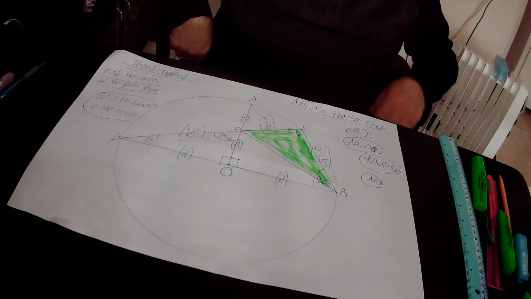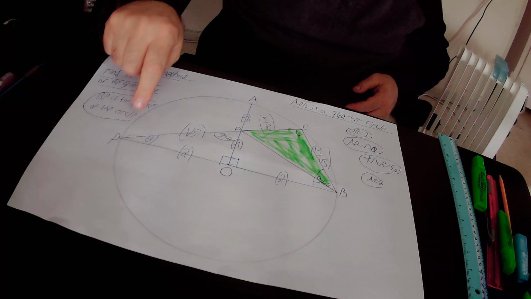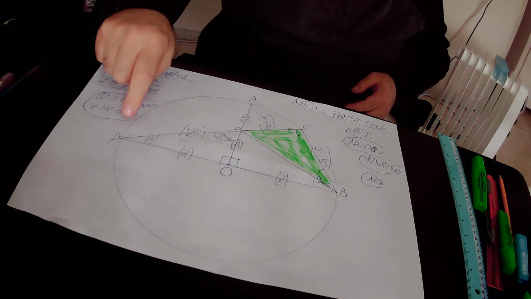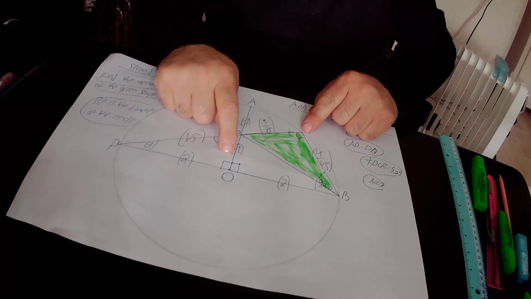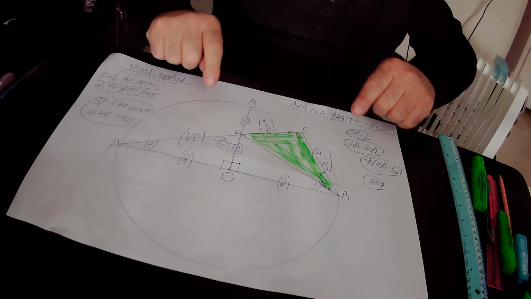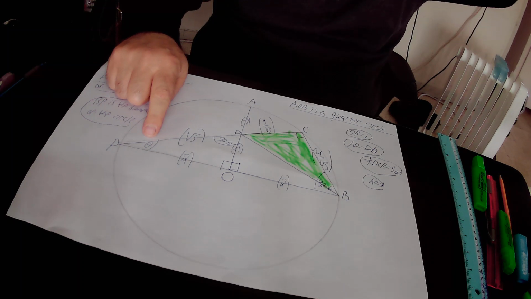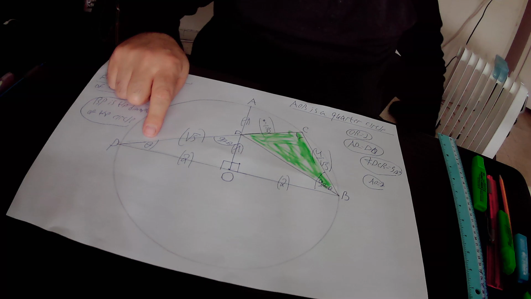In the next step, we prove that the big triangle PCB is similar to the small white triangle PDO. Why? First of all, those two angles are both equal to 90 degrees, therefore they are equal to each other. In addition, this is angle theta, a common angle that belongs to both triangles.